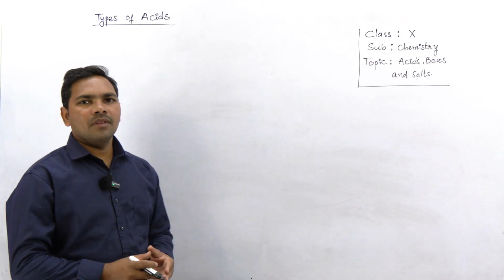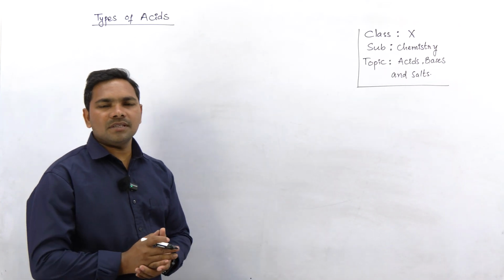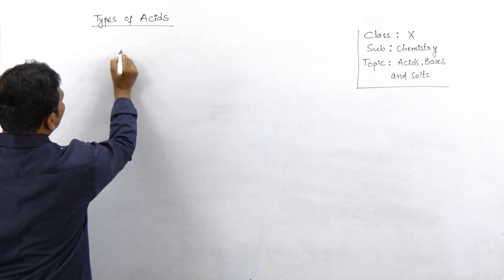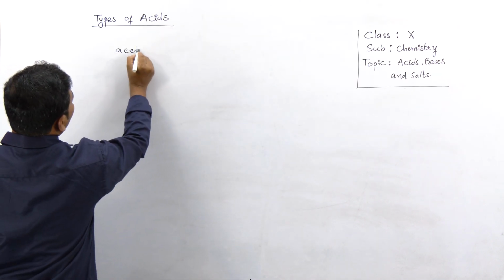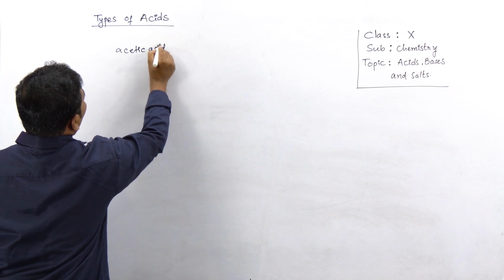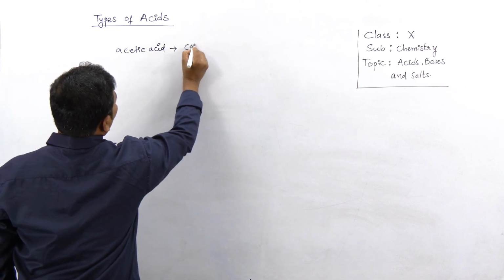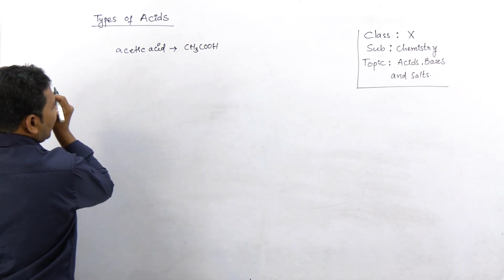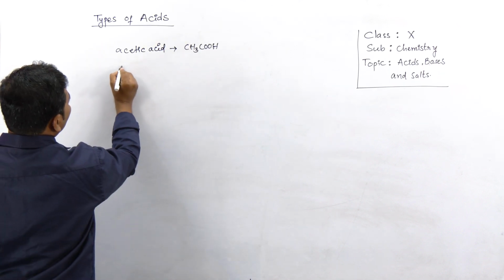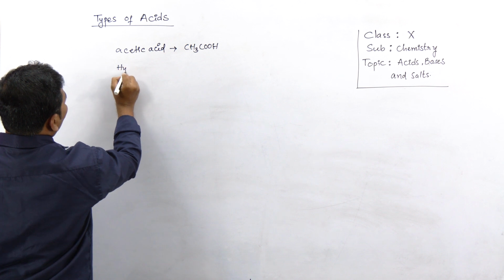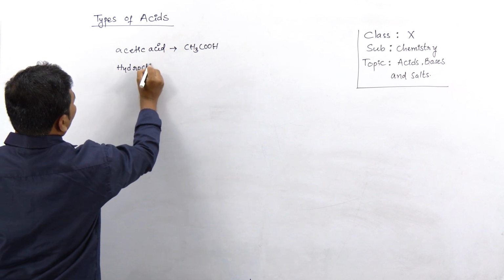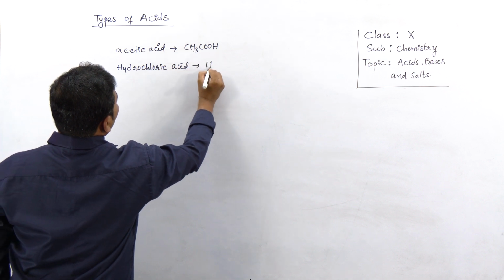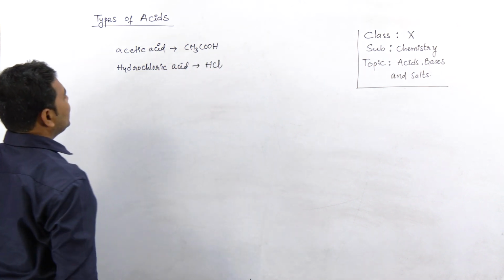Now let us see why these substances are considered acids. For example, let me take acetic acid. The acetic acid formula is CH3COOH. If I take another acid, let's say hydrochloric acid, it is represented by HCl.